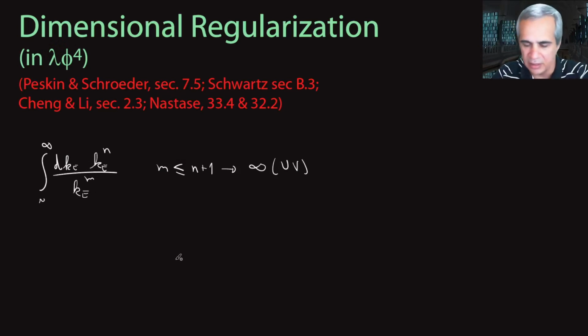You can get square divergence, quartic divergence, and so on and so forth, right?